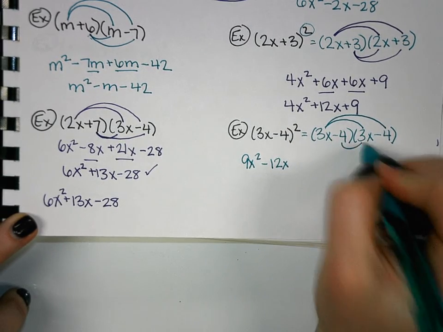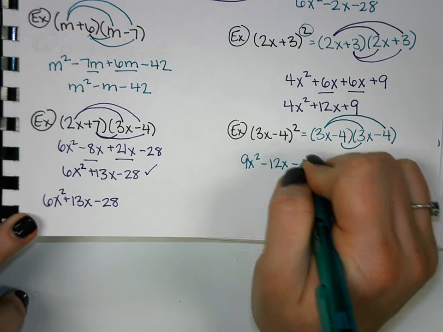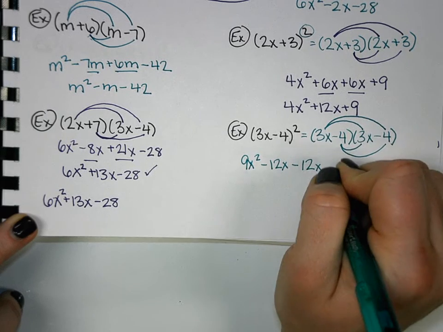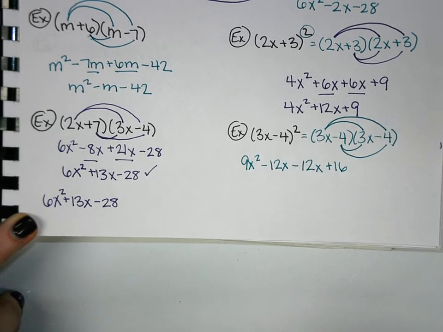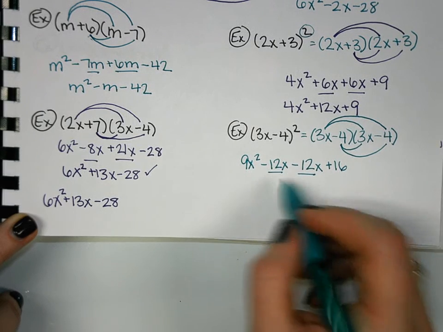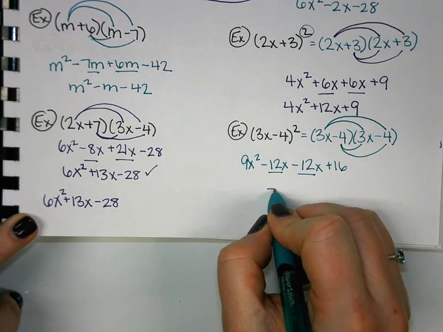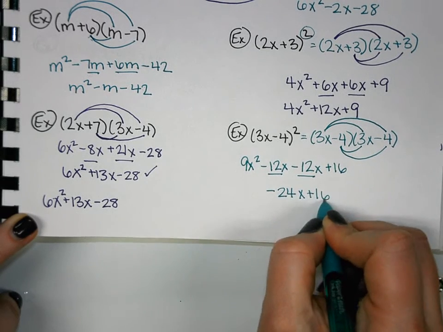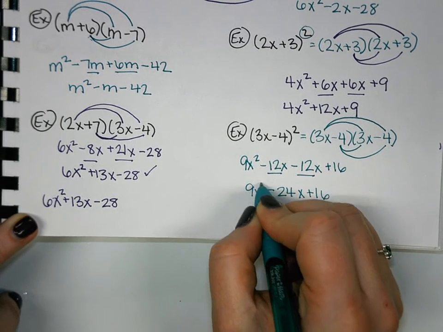Negative 4 times 3x, negative 12x. And negative 4 times negative 4 is plus 16. When we add, we don't change the variables, so we just add the numbers in front to get negative 24x. And we have our final answer.